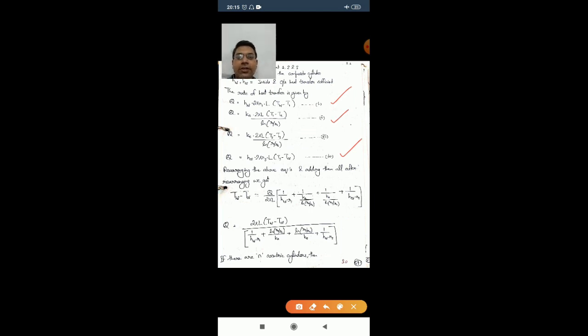So rearranging the terms in temperature form, we get the final equation in this form, where again this is the thermal resistance, or you can write overall heat transfer resistance, because it is again from hot fluid to cold fluid with a metal body in between them.